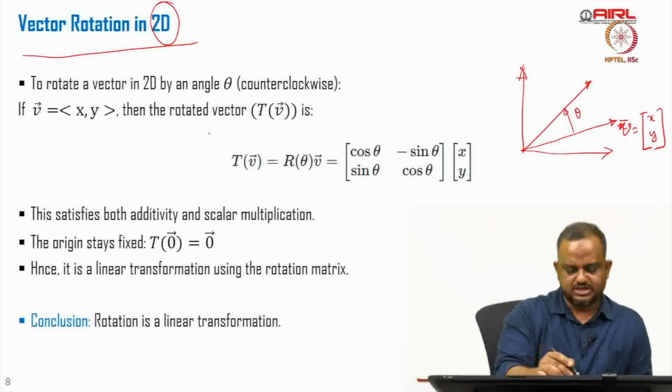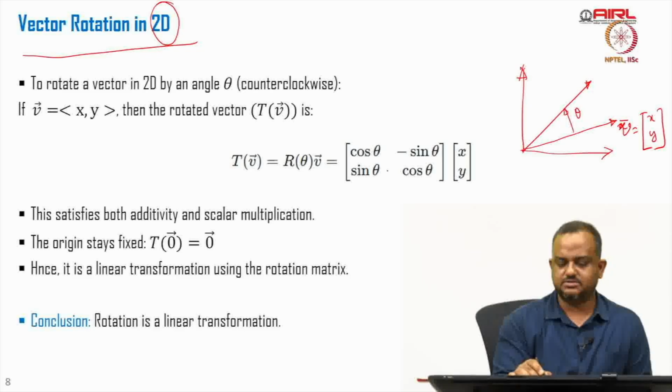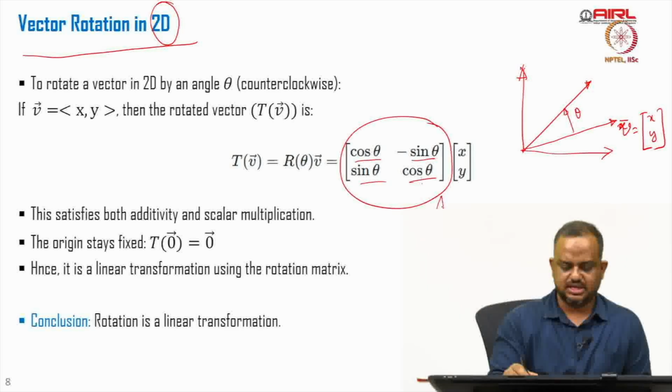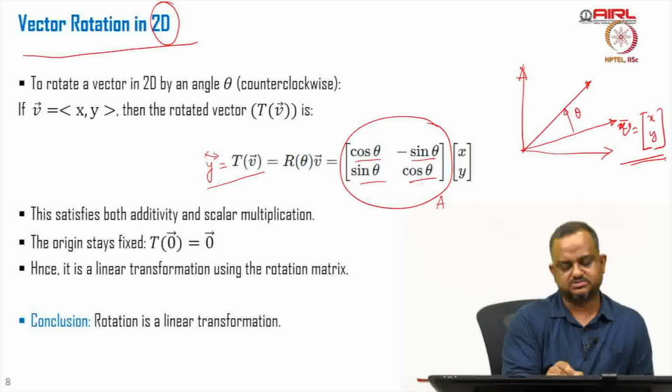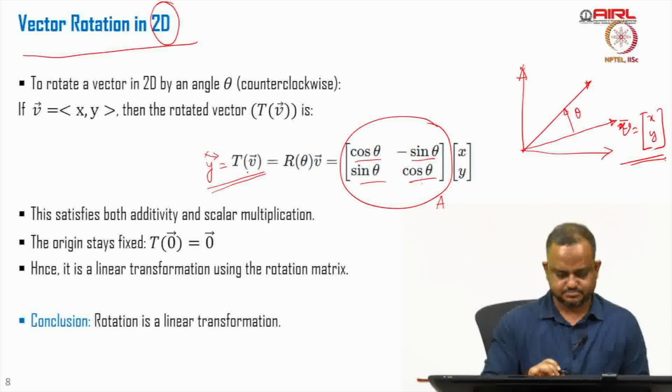Then when it is rotated, the linear transformation matrix is cos theta, minus sin theta, sin theta, cos theta. So this is A. This acts as the rotation of the vector in a counterclockwise direction. The original vector is v, and once we do the transformation we get another vector y, which is the transformation of this.